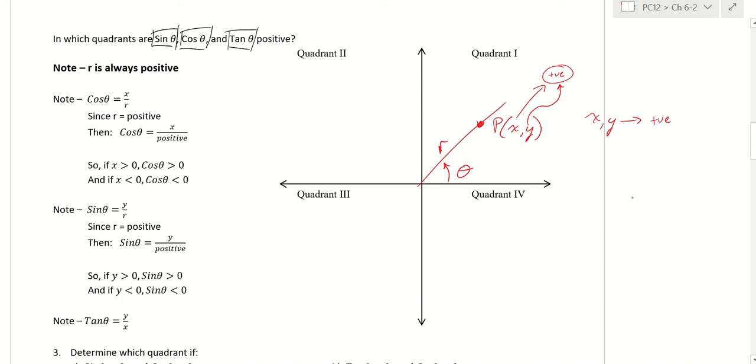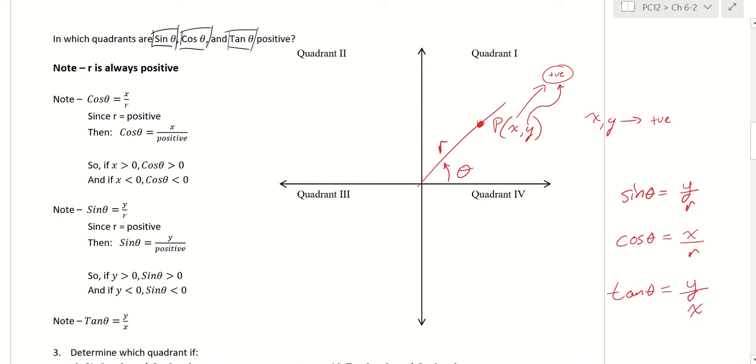Well, we know that the sine ratio is y over r. The cosine ratio is always x over r. And the tangent ratio is always y over x.